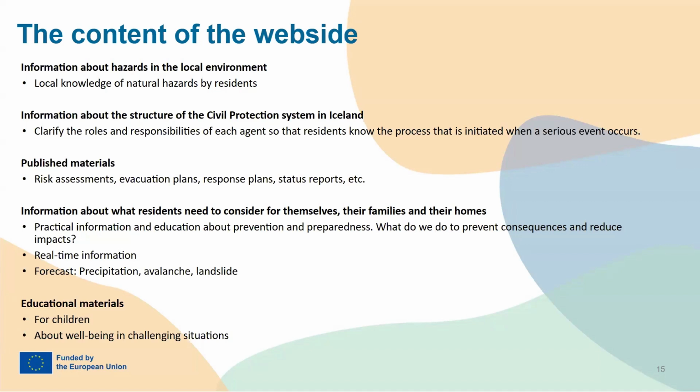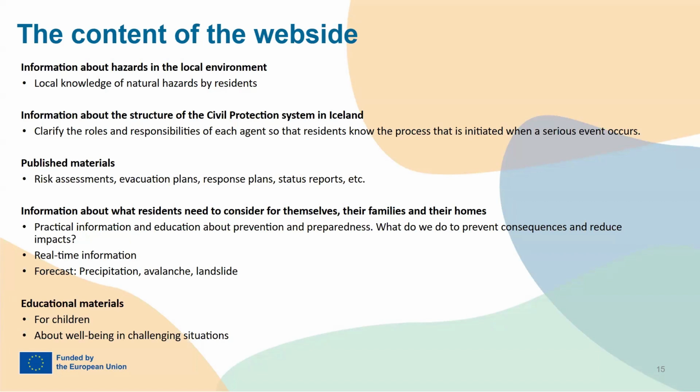And then, of course, we need published materials such as risk assessments or response plans, status reports, etc. And it is extremely important for people to receive information about their own responsibility and what they themselves can do in order to enhance their resilience.